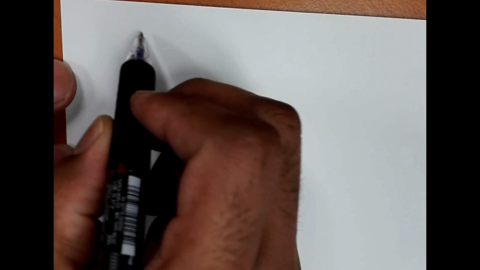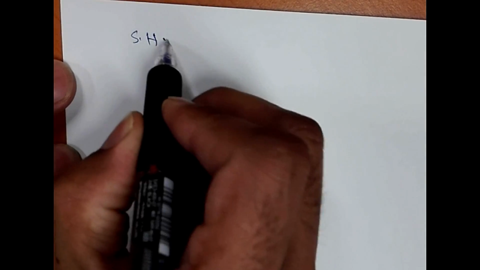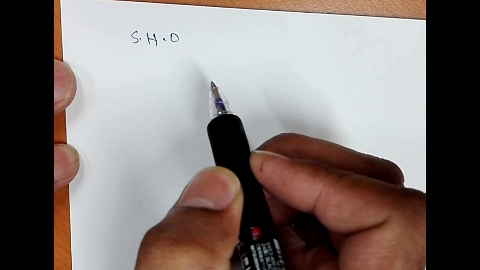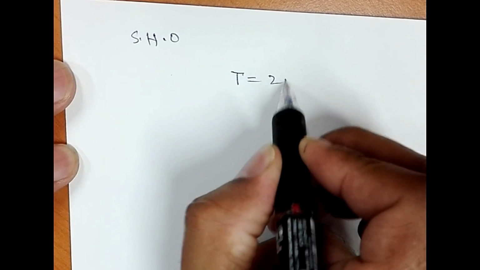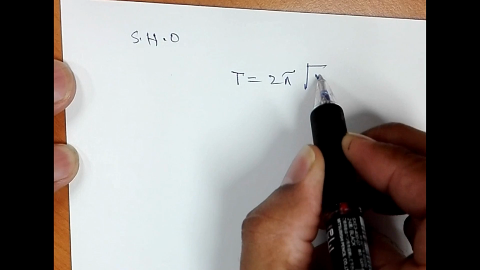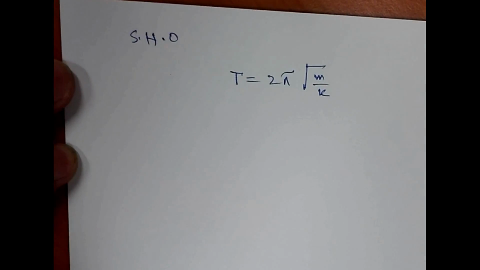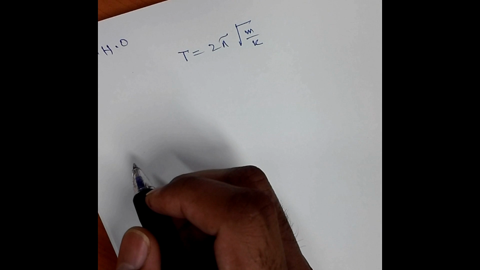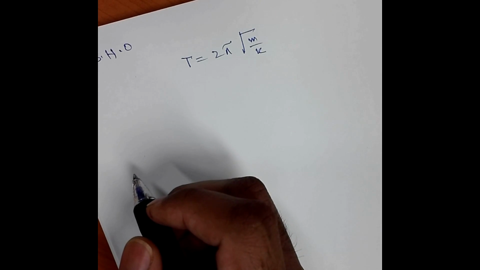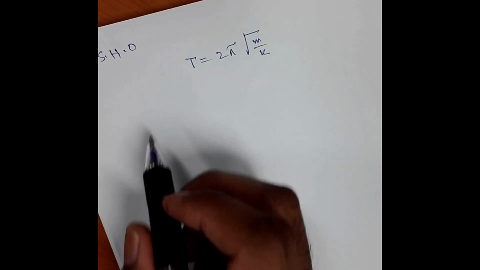Suppose we take the case of simple harmonic oscillator, and the period of oscillation is T is equal to 2 pi square root m over k. Here we take the ideal case, like the surface is frictionless and the spring is ideal.